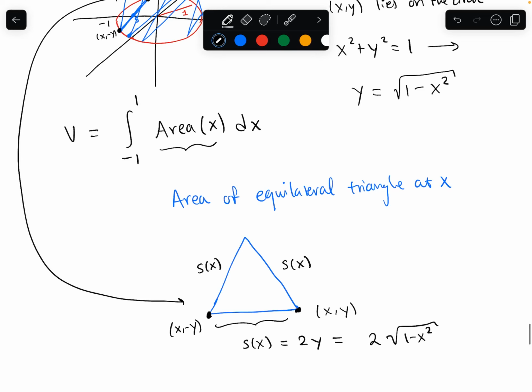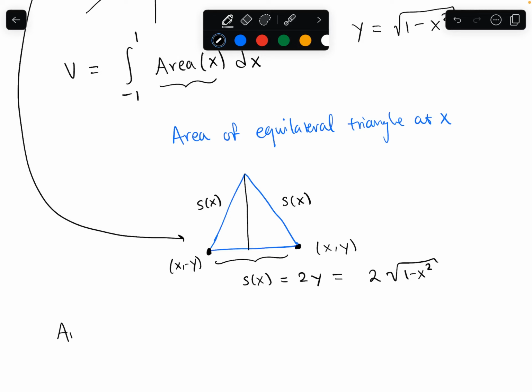And now if I want the area of this triangle at x, it's just 1/2 base times height, but we weren't given what this height is. So you can either look up a formula for the area of an equilateral triangle and remember it, or if you're like me and you don't remember, you do know that equilateral triangles have angles of 60 degrees.